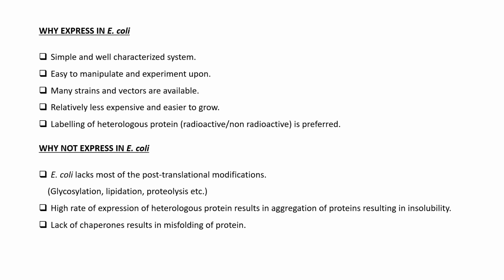Another drawback is that in some cases there is a very high rate of gene expression. High expression results in aggregation of proteins, which leads to insolubility of the proteins. Another drawback is the lack of many chaperones. Chaperones are required for the folding of protein, so the expressed protein may be misfolded.